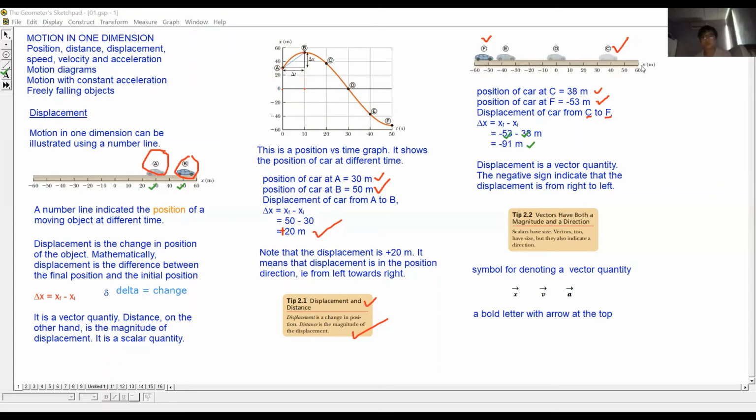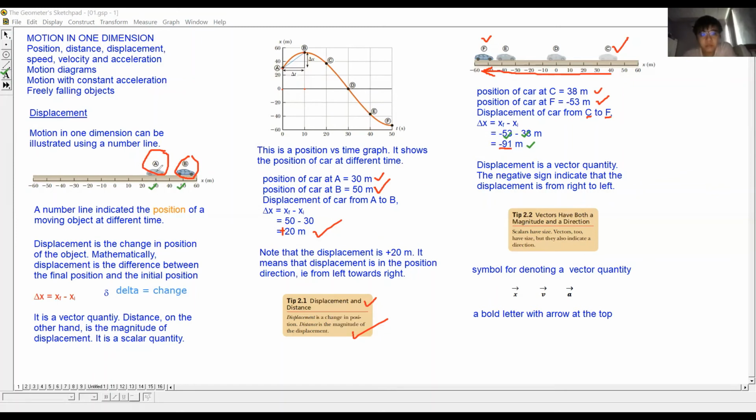Now I would like to draw from C to F. Is it towards the left or towards the right? Towards the left. Now towards the left is negative, right?